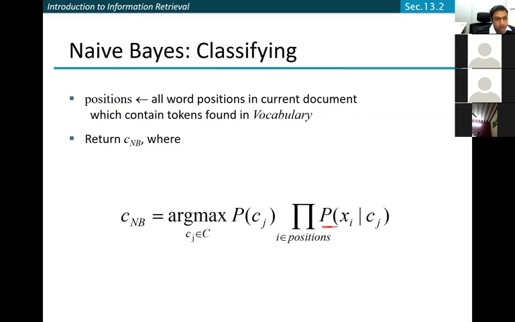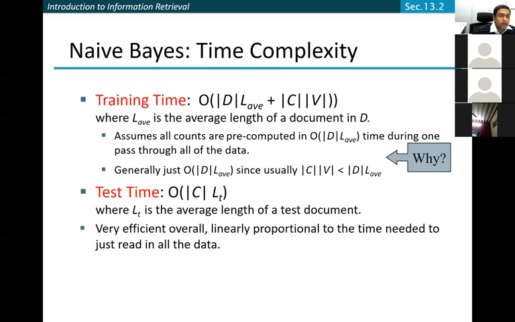The total training time of the model: what we are learning is the prior, and another thing we are learning is the likelihood for each word. So the likelihood for each word depends on the number of words in the vocabulary. This represents the number of words in the vocabulary, and this is the number of classes.